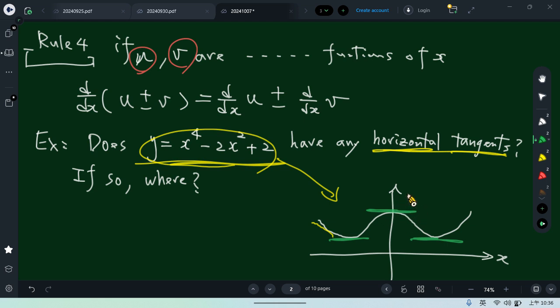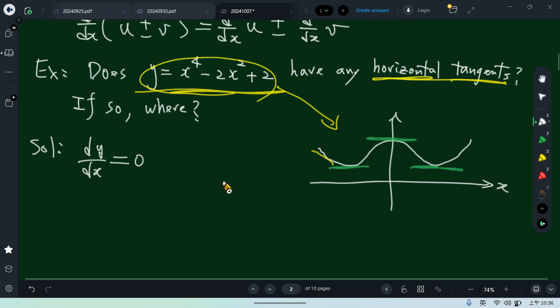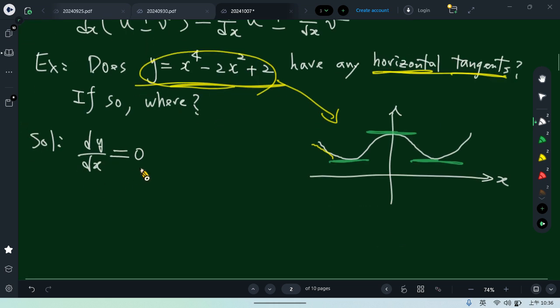So if we want to find where a horizontal tangent occurs, we differentiate and find where the slope is 0.